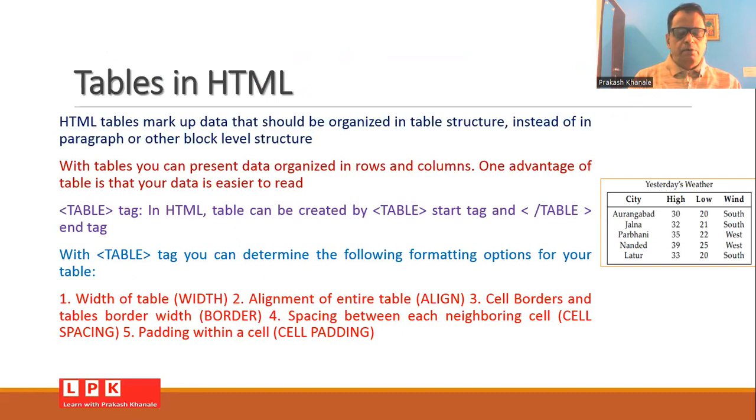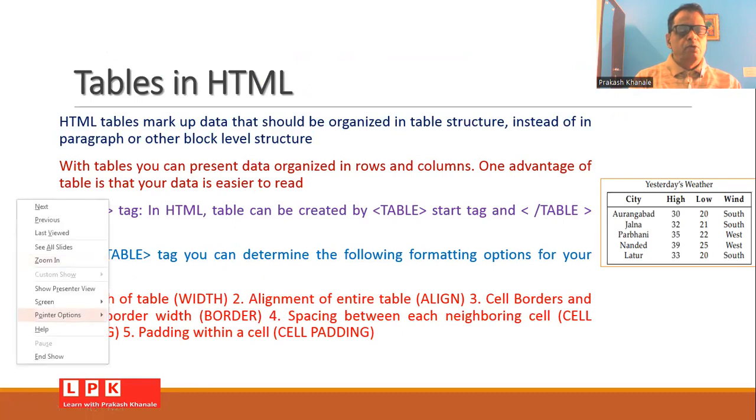So friends, whenever we create any web page, frequently we need to arrange the data on the web page in a specific format. We need to arrange the data in the table format.